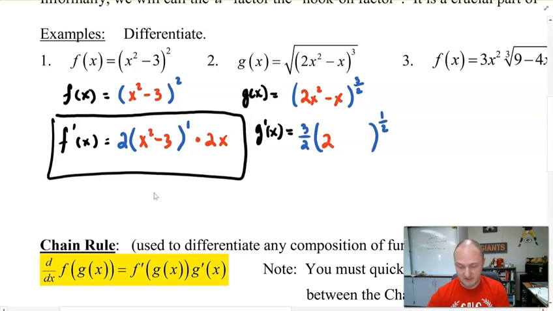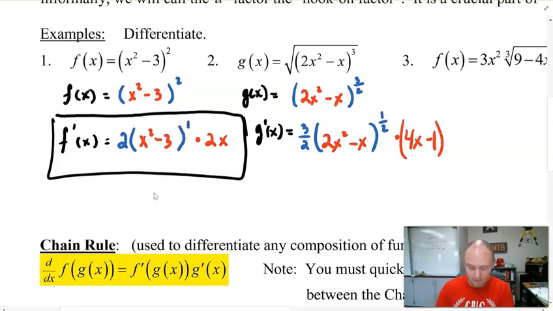The inside, 2x squared minus x, doesn't change. I've taken the derivative of the outside, now I need the derivative of the inside. The derivative of 2x squared is 4x, and the derivative of negative x is negative 1. I'm going to put that in parentheses because we have to distribute that. All right, that is it.